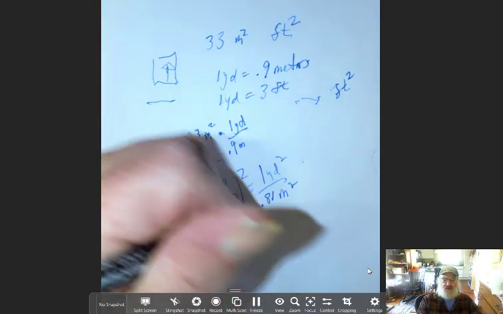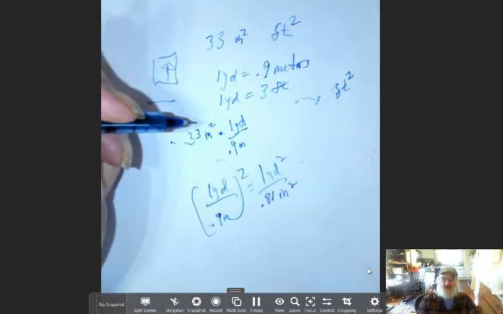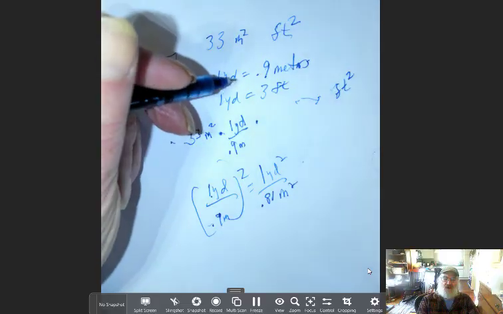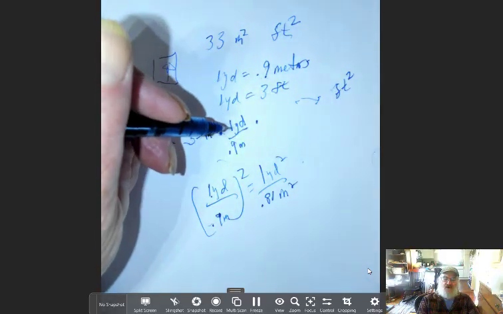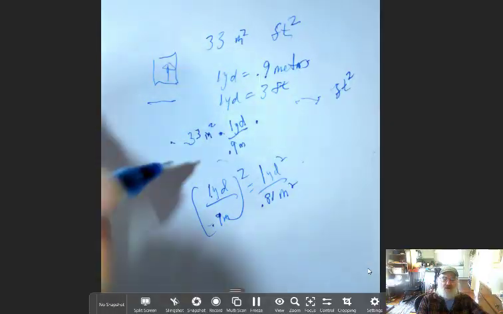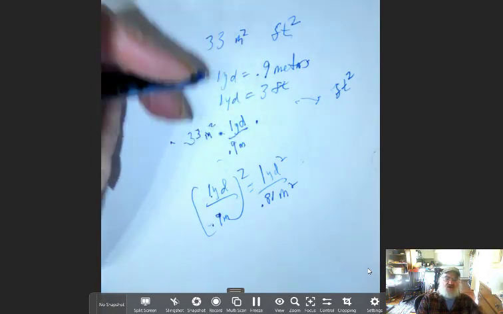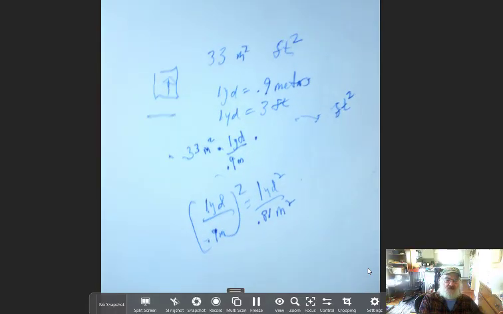So there's the conversion you need to use here. And then the other conversion is going to be, once the meters squared cancels, you got to turn yards into feet squared, right? So here, let's write it out the way we got it.